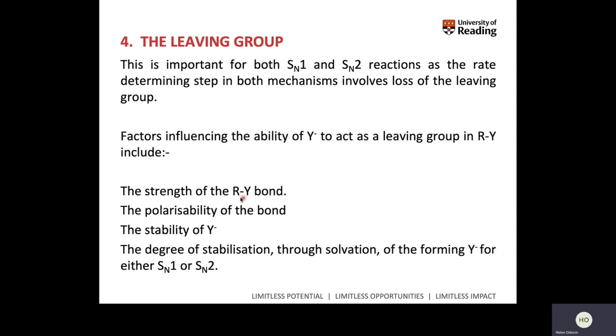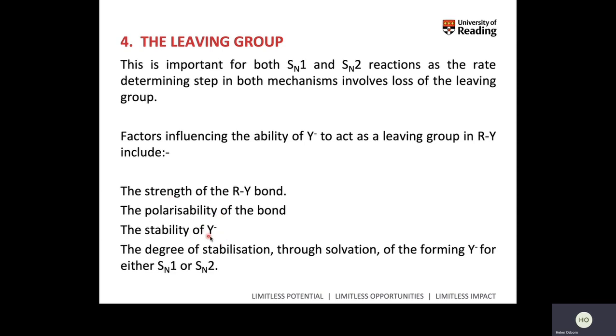So again, if we think a little bit about what makes a good leaving group, it means that the bond, the R to the leaving group bond, has to be quite weak so that it can break away easily. We want to have a nice polarized bond so that the electronegativity differences are quite large, so that the leaving group is already pulling the electrons towards itself, breaking that bond so that the strength of the bond is weakened. We can think about the stability of the leaving group.